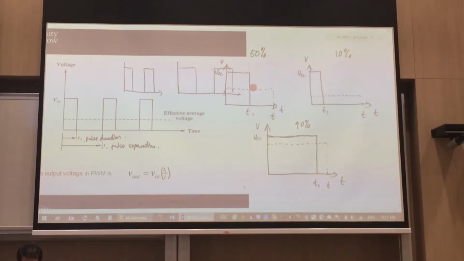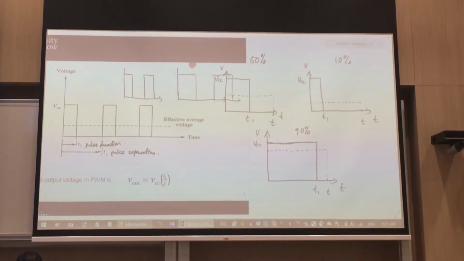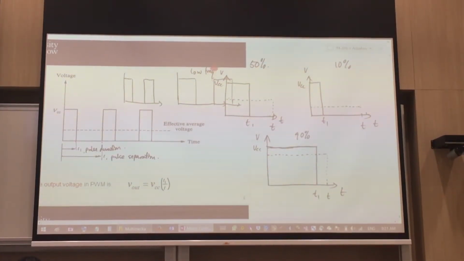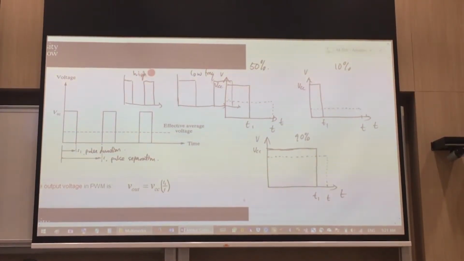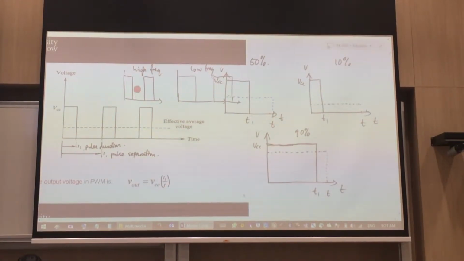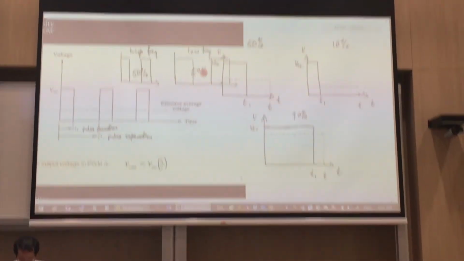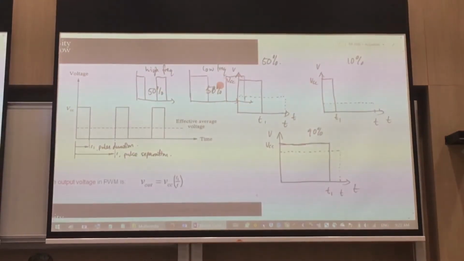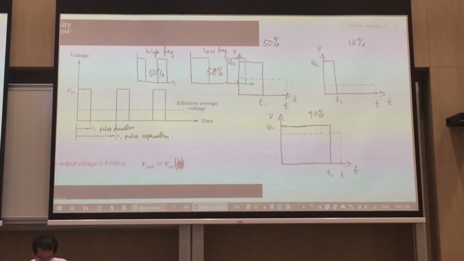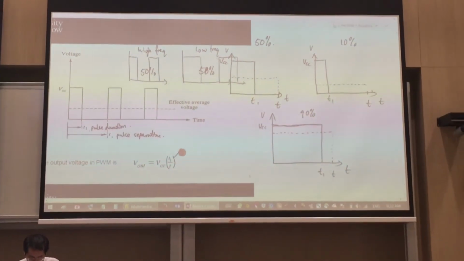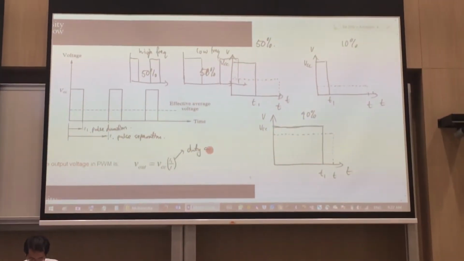There's also 50% as well. So you can see that this is at a lower frequency, and that is at a higher frequency. Both are 50% duty cycle. So essentially, this part over here will be your duty cycle.